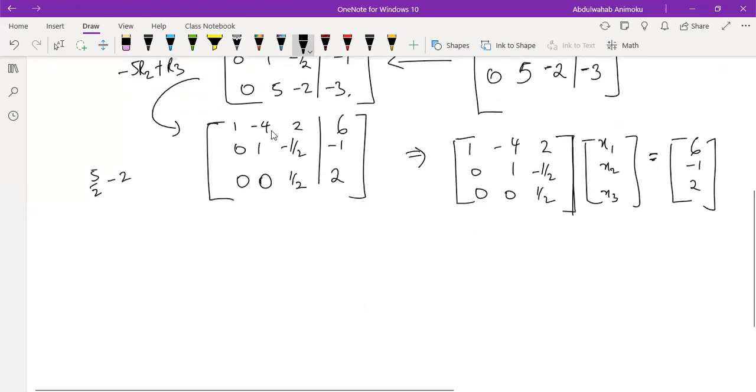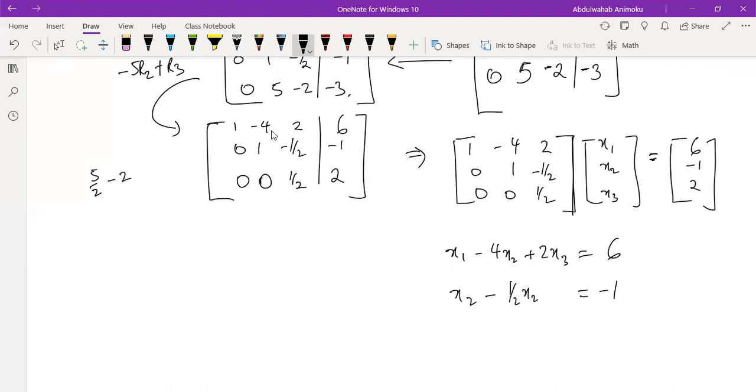What we basically do is multiply through, which gives us x1 minus 4x2 plus 2x3 equal to 6. Then x2 minus 1 over 2 x3 equal to minus 1, and then 1 over 2 x3 equal to 2. So we'll start from solving this. This means x3 is equal to 4. Very easy, right? Cross multiply, you get x3 equal to 4.